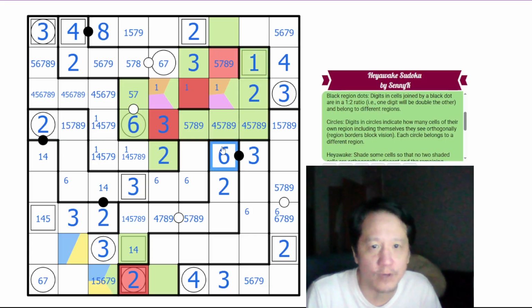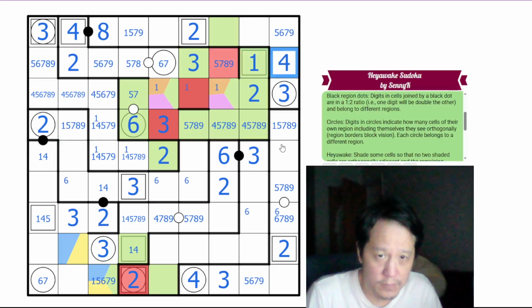1s. We only have 1, 1. So this only has 2 shaded cells. Period. This only has 1. Interesting. Obviously, this is not shaded. This doesn't have to be shaded, so we don't have to worry about that.